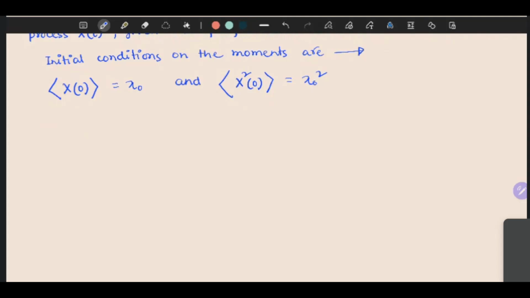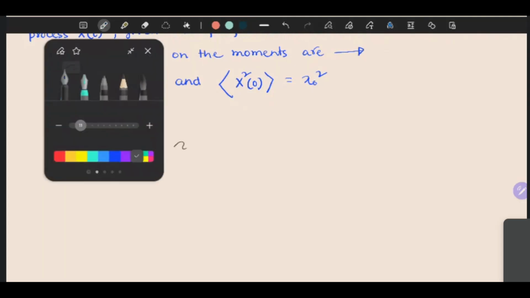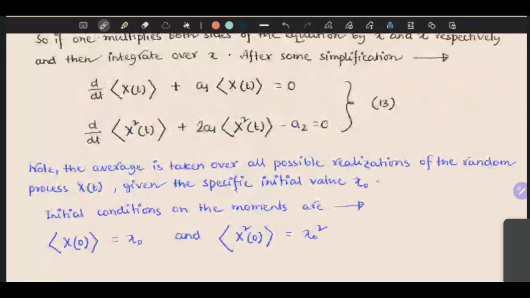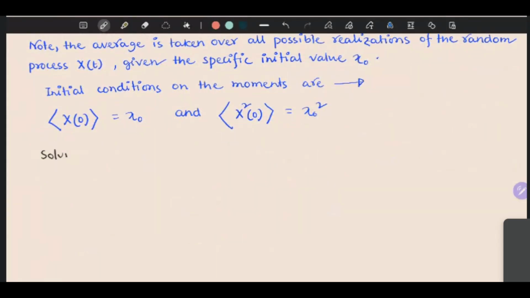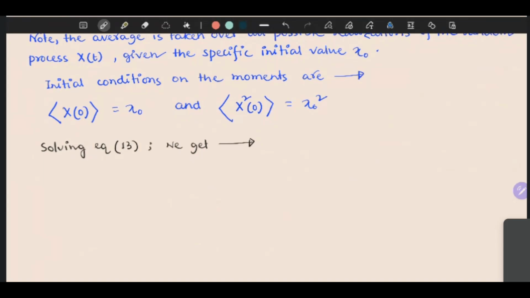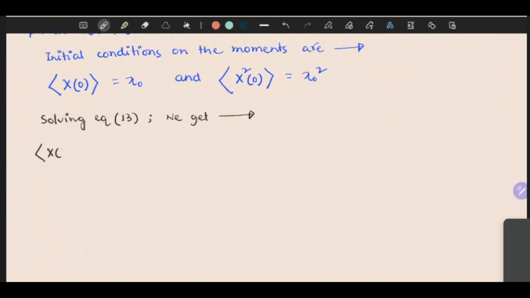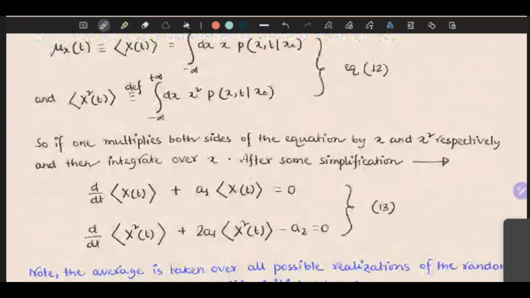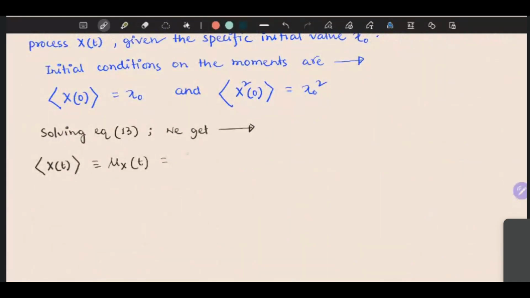So solving equation 13, we get the moment of x of t, mu of x of t, as x naught into e to the power minus a1 t.